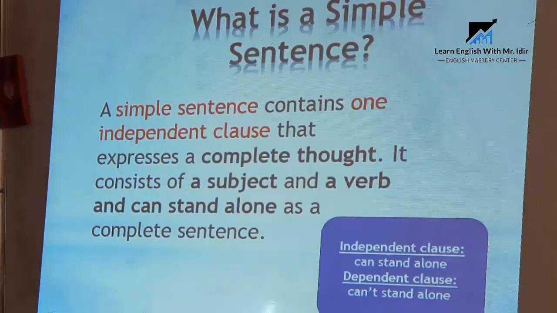If it has no meaning, it is not a sentence. So I repeat, a simple sentence contains one independent clause that expresses a complete thought. A complete thought means a complete idea, not ambiguous. It consists of a subject and a verb and can stand alone as a complete sentence.